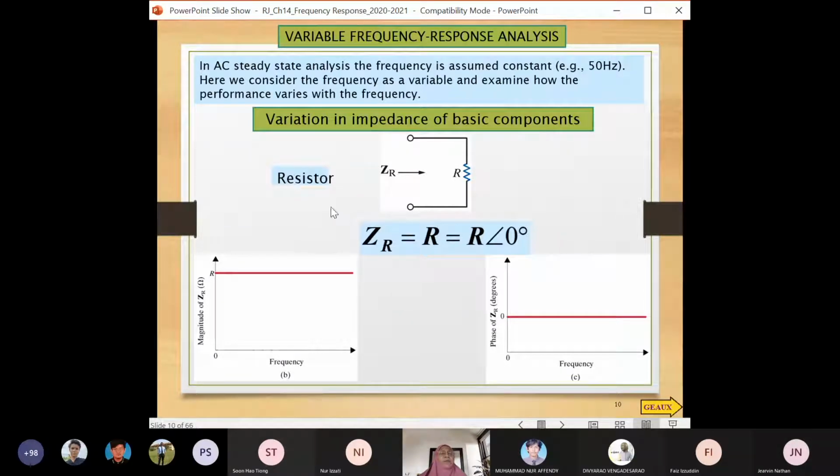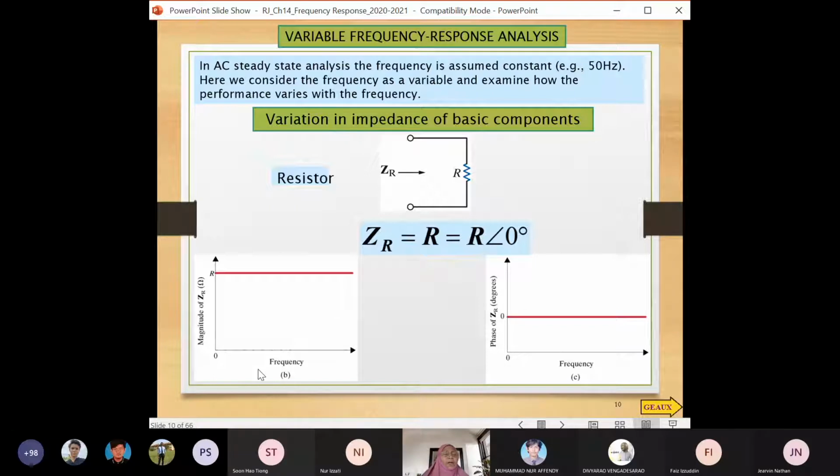For a resistor R, the impedance ZR is the resistor value, R. We can represent impedance in polar form, as the magnitude of the impedance and the angle of the impedance.